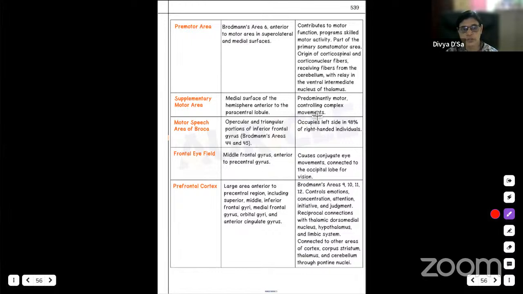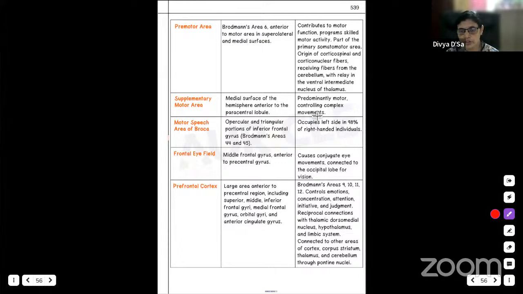Motor speech area, already we discussed it. So area number 44, 45, that is pars opercularis and pars triangularis. Basically this area is present mainly in the dominant hemisphere. Frontal eye field, okay, it is the posterior part of the middle frontal gyrus.